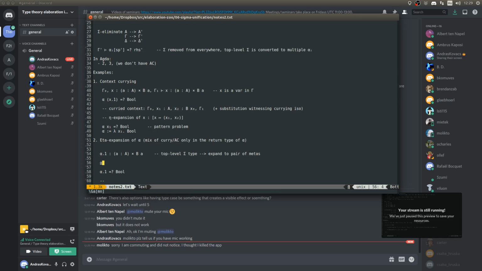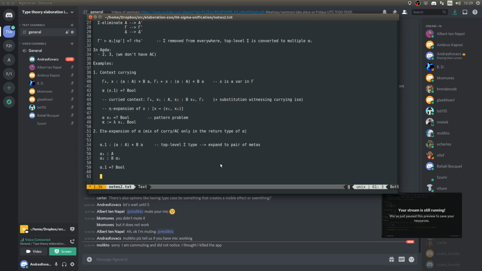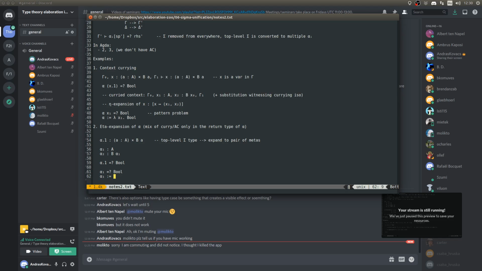We have an alpha 1 which has type A, and an alpha 2 which has type B of alpha 1. And then we can go from this problem to this problem, and we can immediately solve to bool.